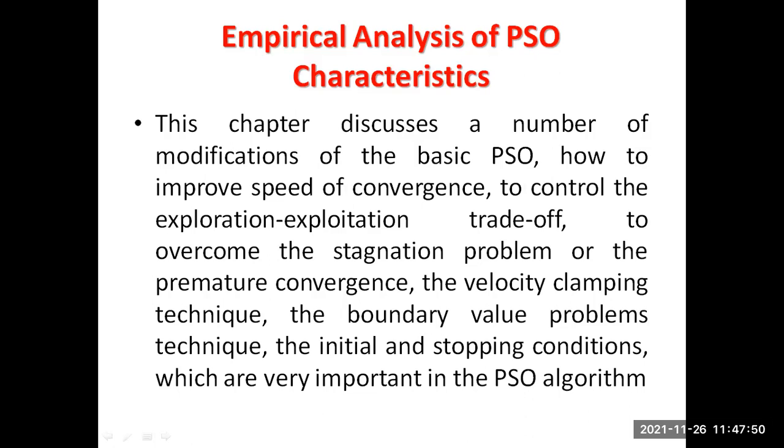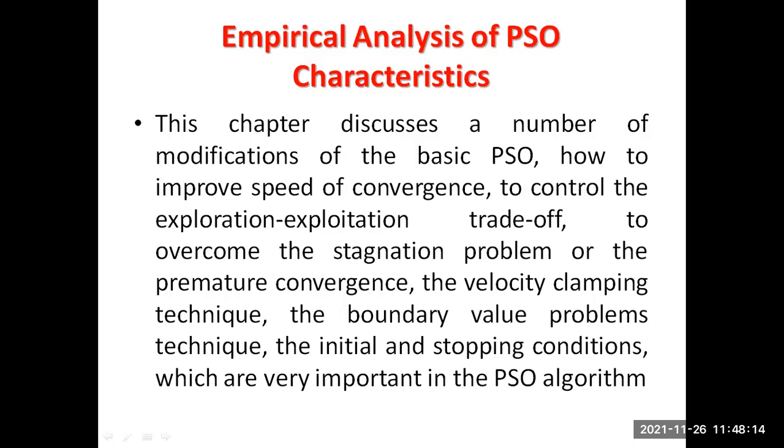Every algorithm has two kinds of properties. One is the exploration, and the second is the exploitation. We'll discuss in detail how this exploration and exploitation is actually done. Exploration means it is a global search, and exploitation means it is a local search.